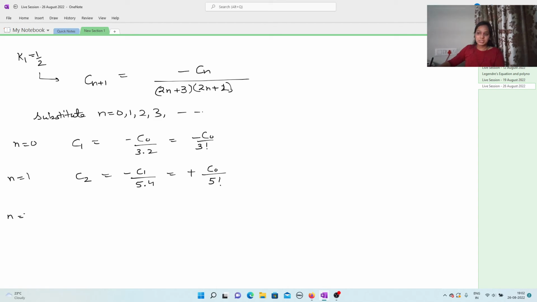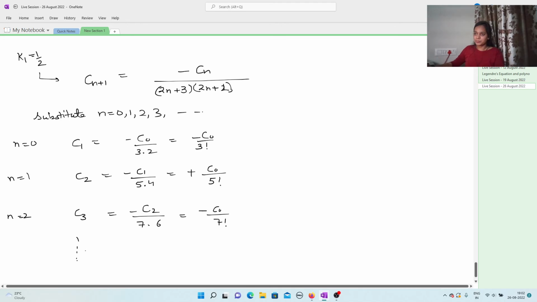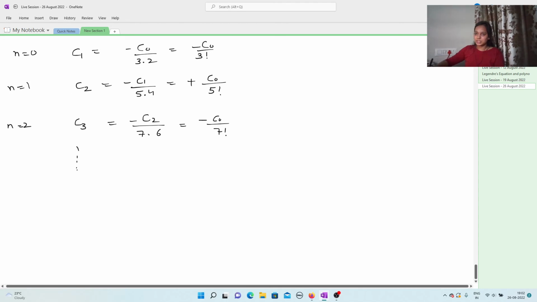Similarly, if we replace n equals 2, C3 will be minus C2 over 7 into 6, and C2 is C0 by 5 factorial. So this is minus C0 by 5 factorial into 6 into 7, that is 7 factorial, and so on. You can write it like this.